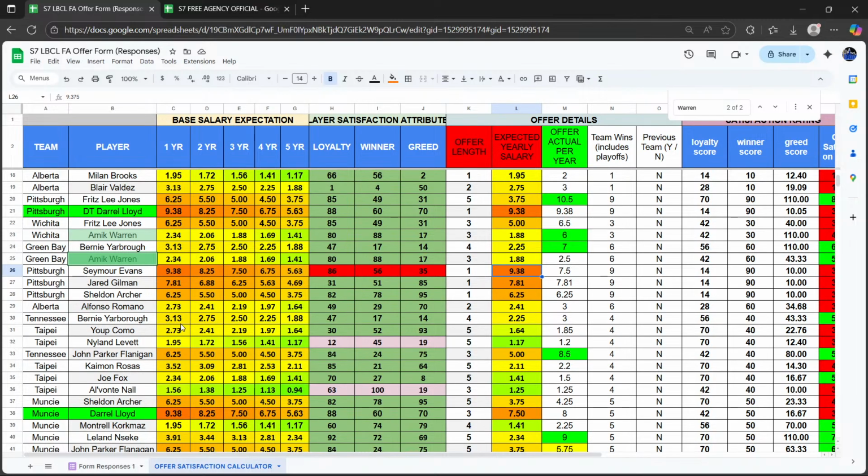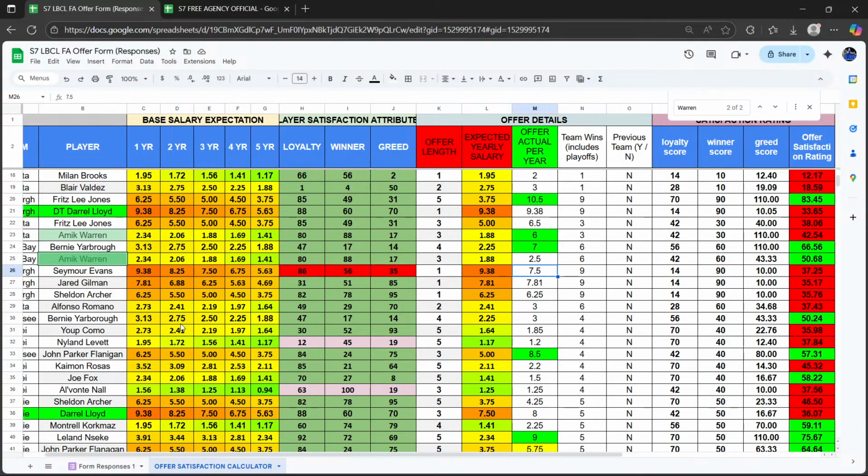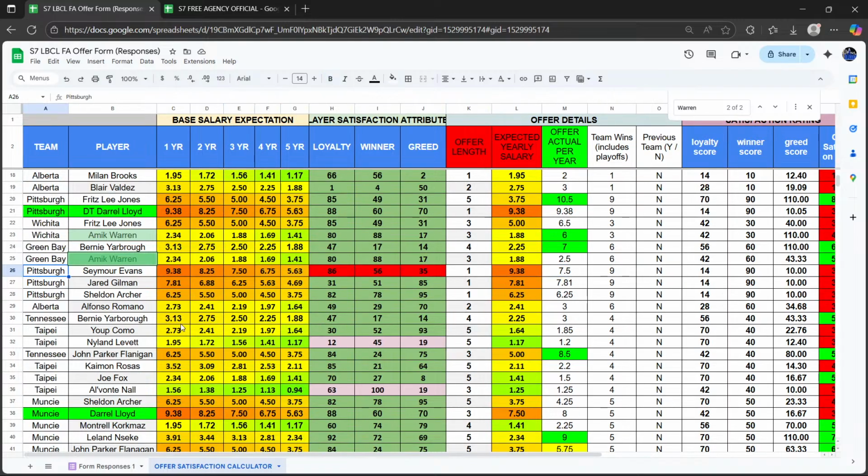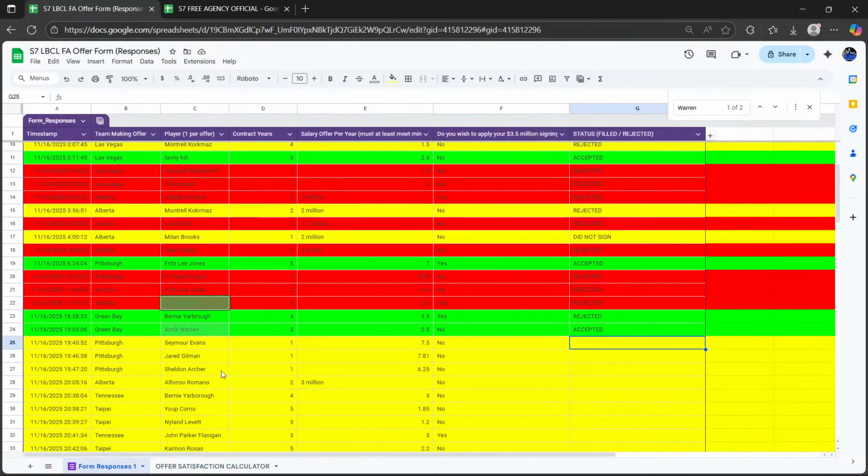A couple things wrong with this offer. One, he's got a high loyalty. You offered 1 year. Two, you offered less than his expected yearly salary. So he was saying if you want a 1 year deal, you got to pay him at least 9.38. He said no, thank you to that. Offer a 7.5. Seymour Evans, I think, may have felt disrespected by that offer.